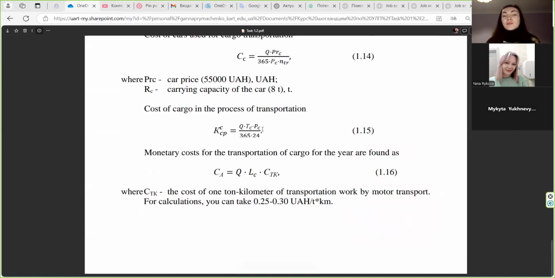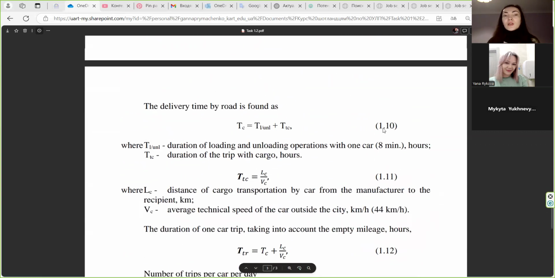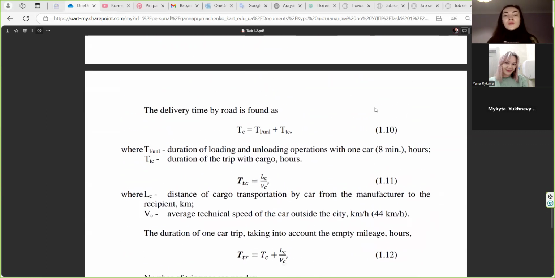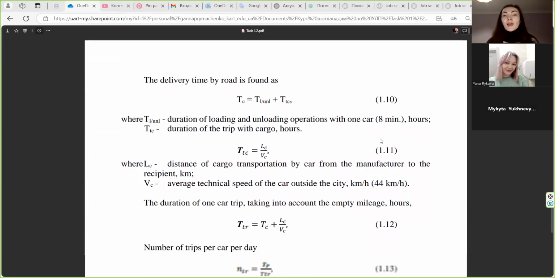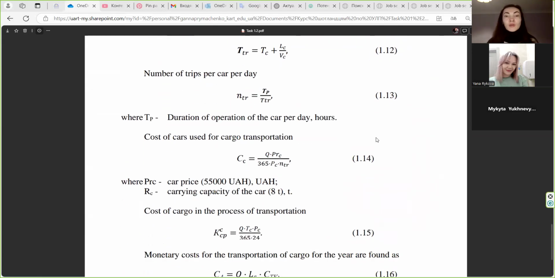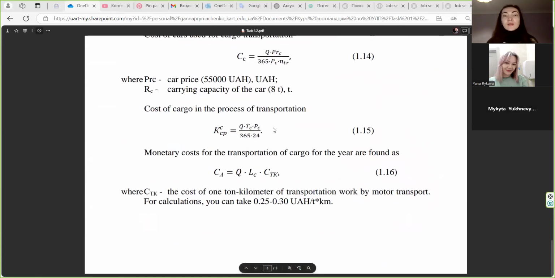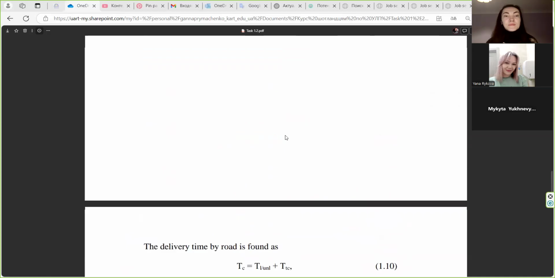Find parameter t with index c. It's the result of our formula 1.10. And the last parameter in our numerator is p with index c. Now I open our table 1.1, p with index c.